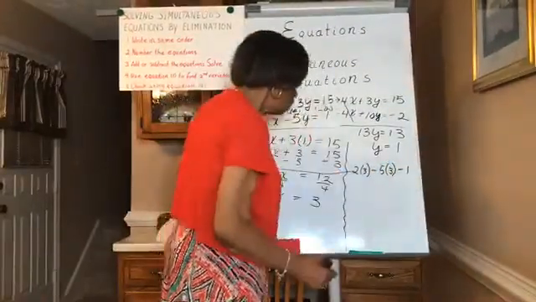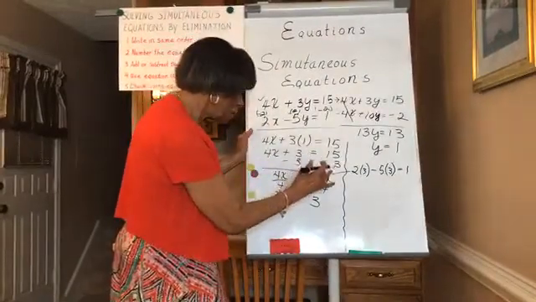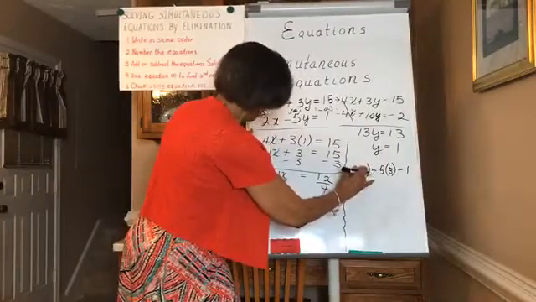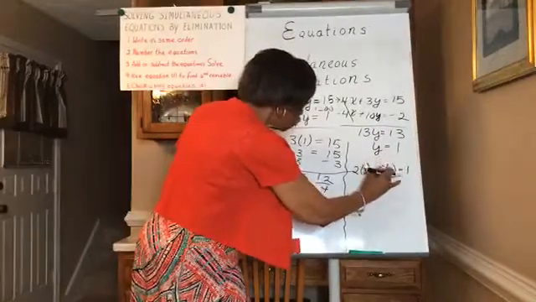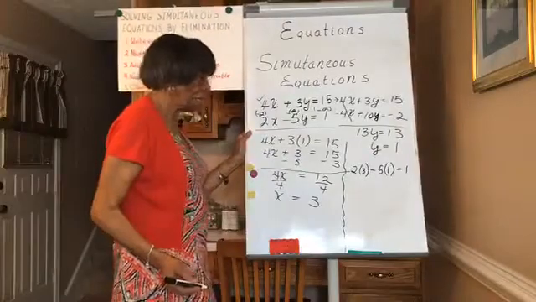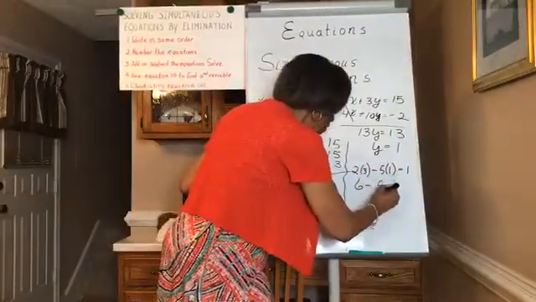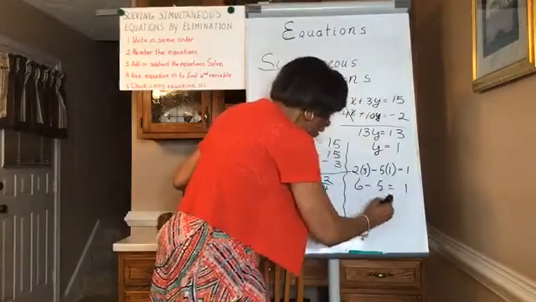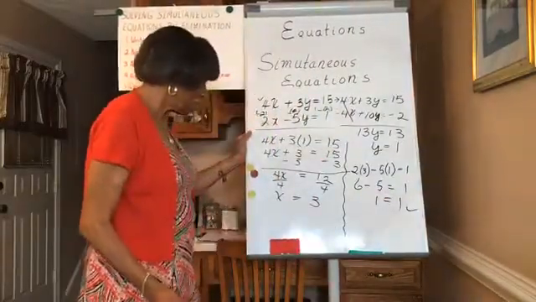Let's make sure we plugged in right. 2x, that's 2 times 3, minus 5 times 1 equals 1. So we have 6 minus 5 equals 1. And that is correct.